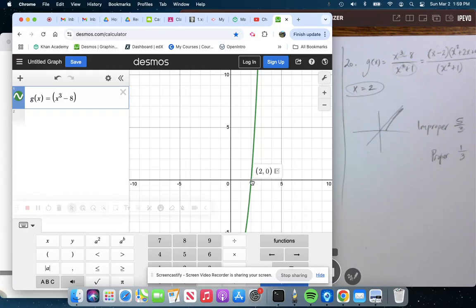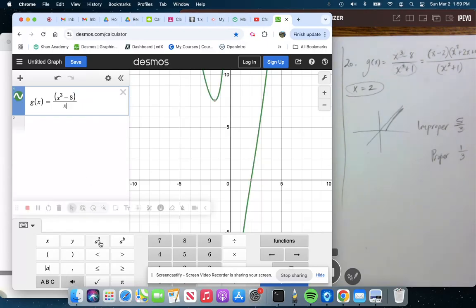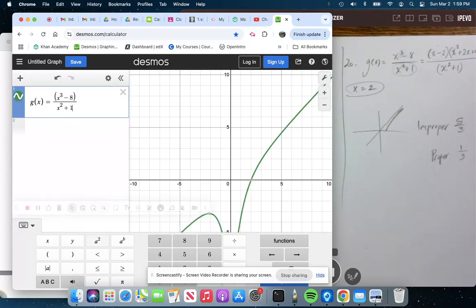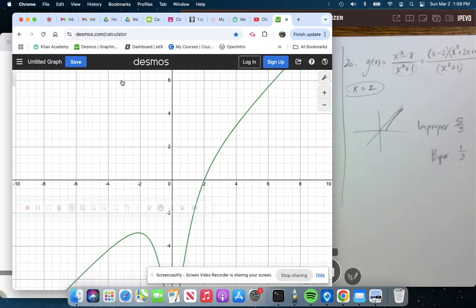There's your 0 already. Over x squared plus 1. And there's your 0. And notice how the graph is going up. As I said over here, it's kind of like it's oblique. So I'm going to zoom out so you can see it a little bit better.